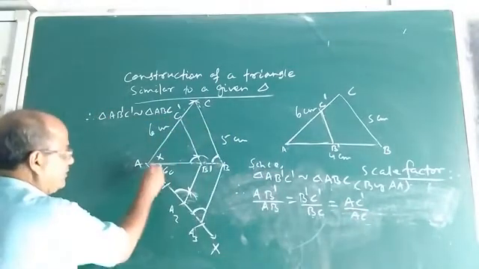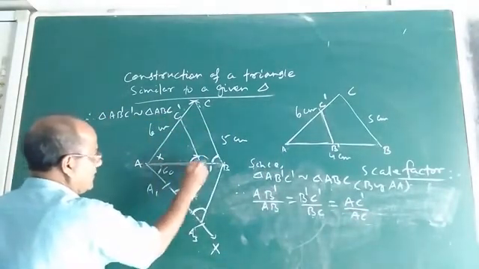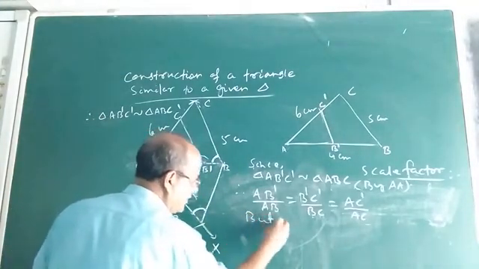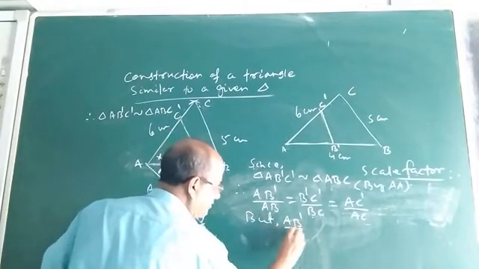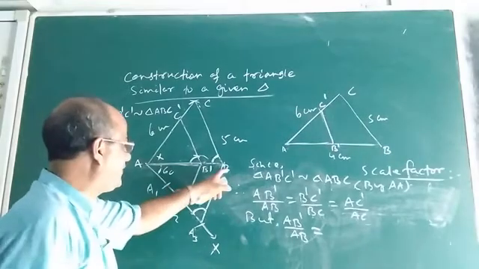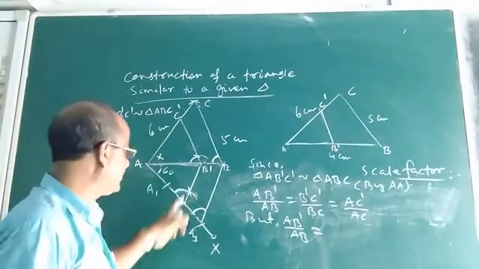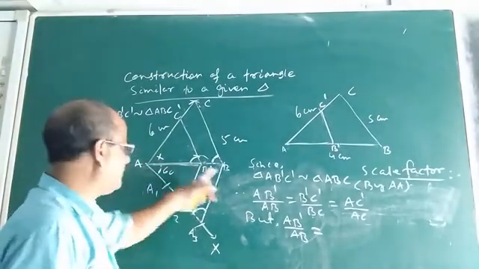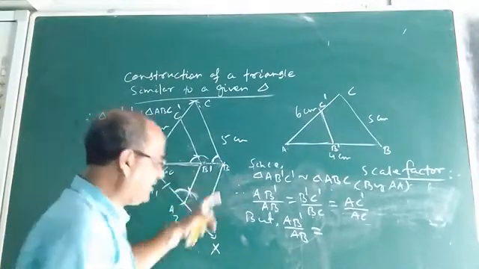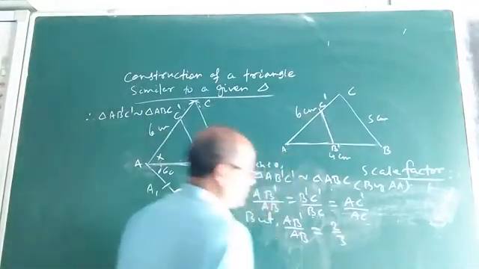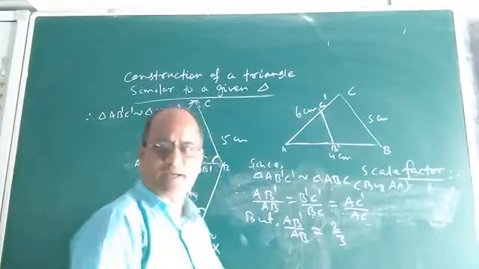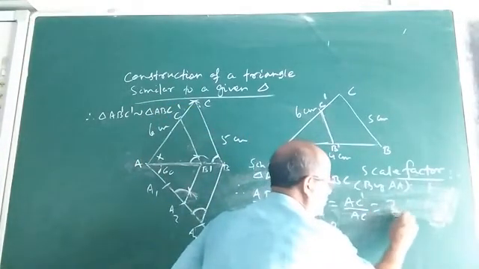But what will be the ratio of AB dash by AB? AB dash is how many parts? It is 2 parts. And AB equals 3 parts. That means the ratio of AB dash and AB will be 2 by 3. So, if AB dash by AB is 2 by 3, then each ratio is equal to 2 by 3.